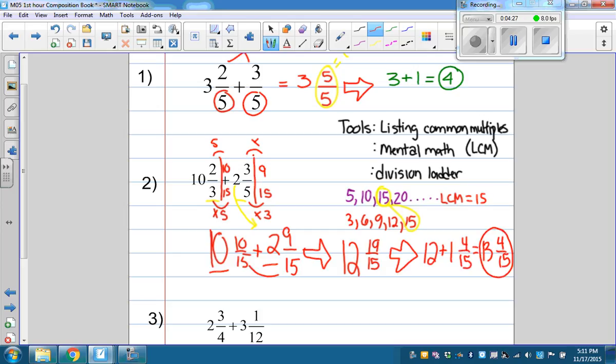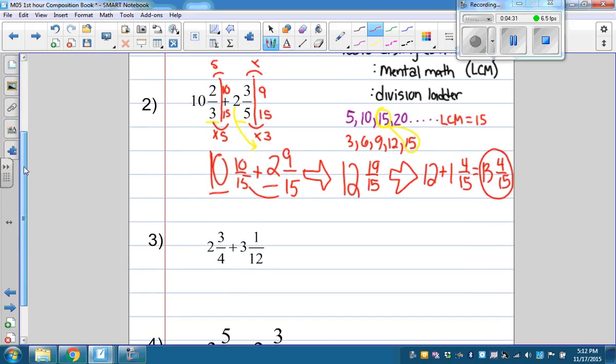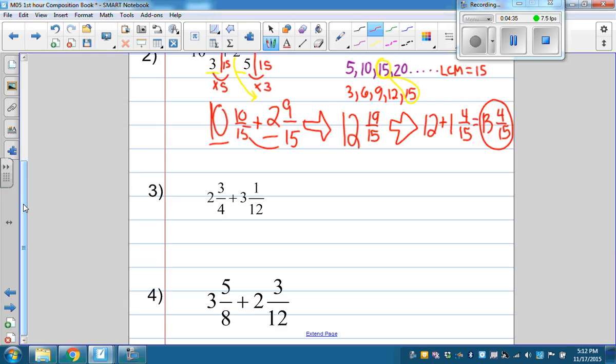So that's using lists. Mental math, a lot of you would have come up with that common denominator by mental math, and that would be fine. If you don't remember the ladder, you'll notice here there's not a common denominator, but you can use a division ladder to figure out the common denominator. So 2 goes into both, well, 4 goes into both of these.